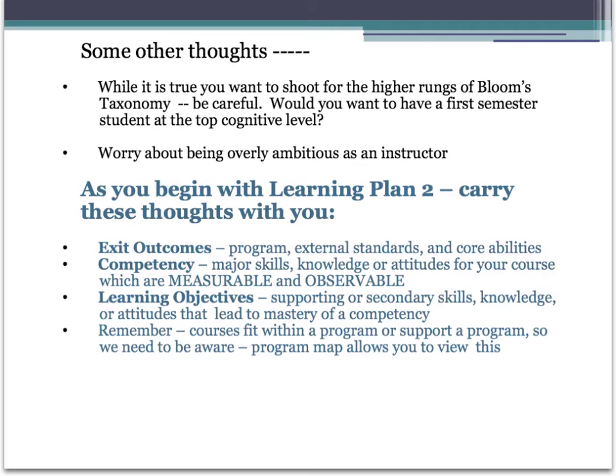I also like the comment about, I worry about being overly ambitious as an instructor. And I know I've attended some different seminars, and one of them was with blended learning in particular. It's like we want to get everything done, and so we add way too many things into a course, and so we overwhelm our learners as well as we overwhelm ourselves because of the amount of work that we have to do.